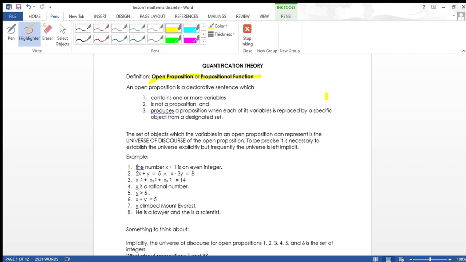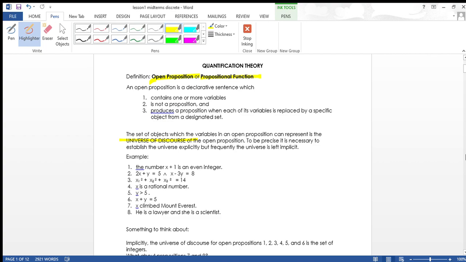And when we are now to consider the value of the variable, we can obtain the value depending on the universe of discourse being given in the problem. So what's the universe of discourse? It's like the set where we will be obtaining the possible values that we will be injecting for our variable.